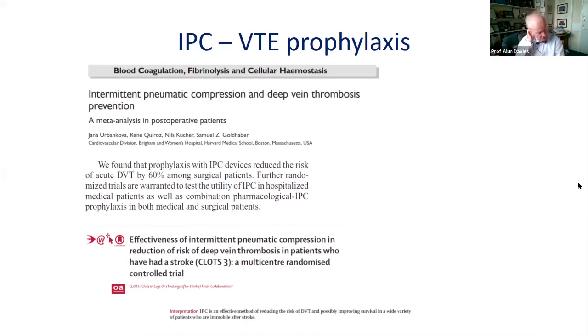Certainly, if you look at the literature, again, there's evidence of its benefit with respect to surgery. And just to highlight another study, the CLOT3 study, where patients had pneumatic compression who had a stroke. Again, there was a benefit in reducing their risk of DVT, but also there was an overall survival benefit in that group as opposed to those that did not receive pneumatic compression.